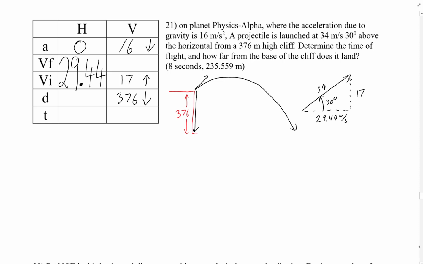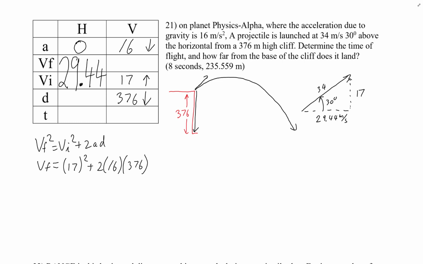Okay, so we now need to calculate the velocity and the time. For the velocity, we'll use Vf squared equals Vi squared plus 2AD, because that's the formula without time. That's going to be 17 squared plus 2 times the acceleration times the distance, and that's going to be Vf squared.